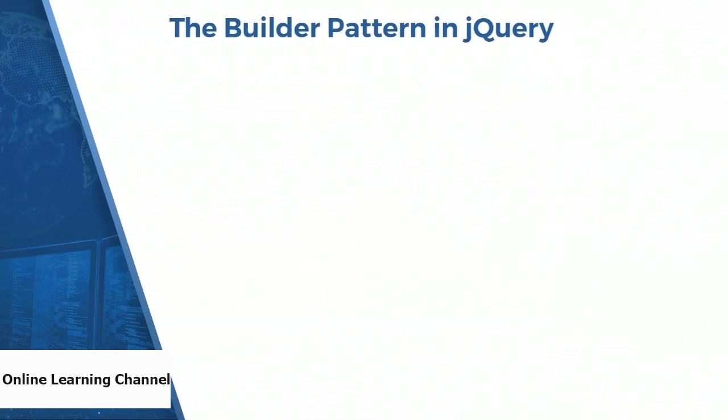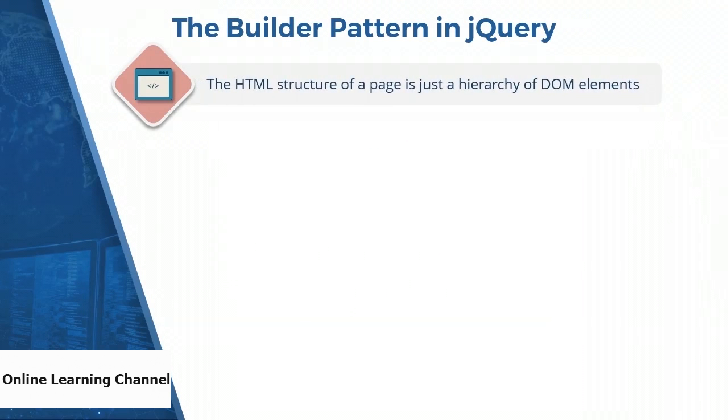The builder pattern is actually extensively used in the jQuery library, which is very popular amongst JavaScript developers. The HTML structure of your page is just a hierarchy of DOM elements, and often you'd want to dynamically construct the elements that make up your page. Dynamically constructing the elements in your page is what allows you to build interactivity into your web pages.